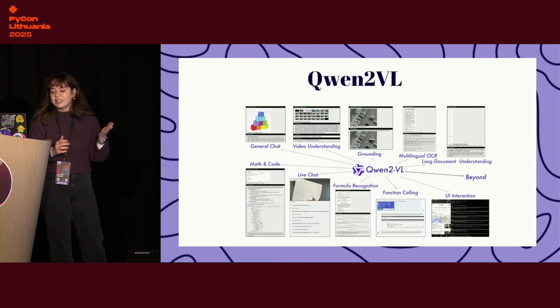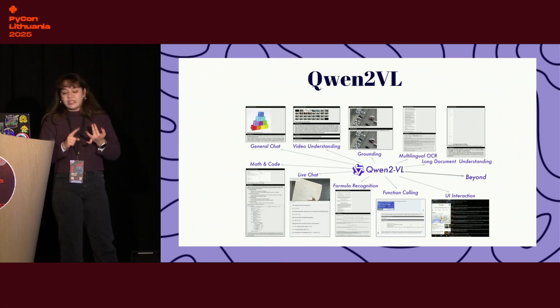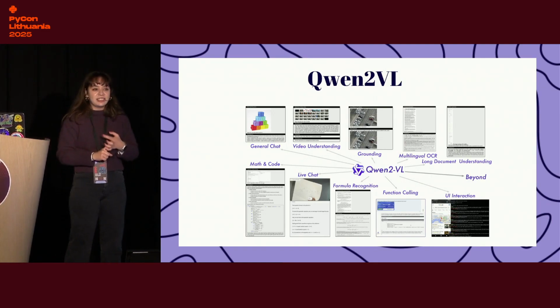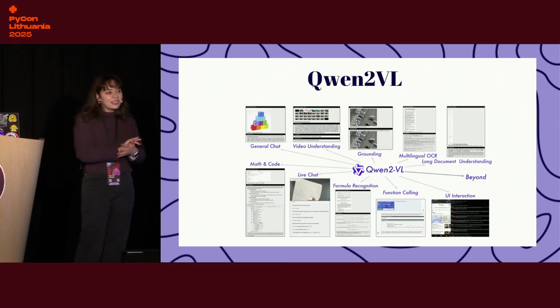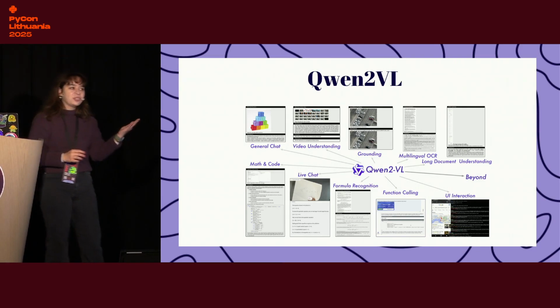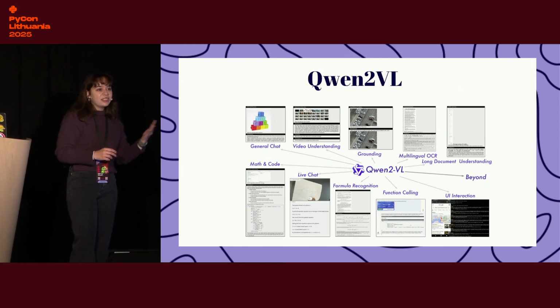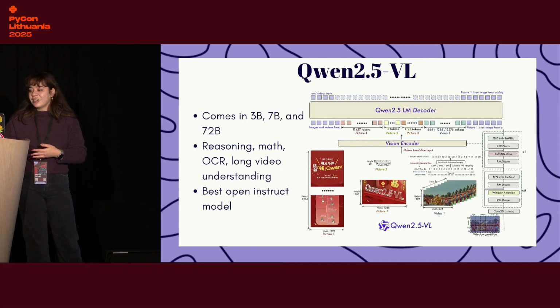It can do anything. It can do long video understanding. It can do OCR, function calling. It can interact with the UIs, document understanding. Any multimodal use case that you need, it can do. And it's multilingual. It's huge because most of the model providers are only training on English, but Qwen2VL understands a huge variety of languages.